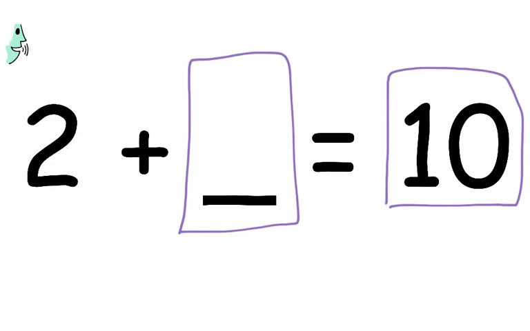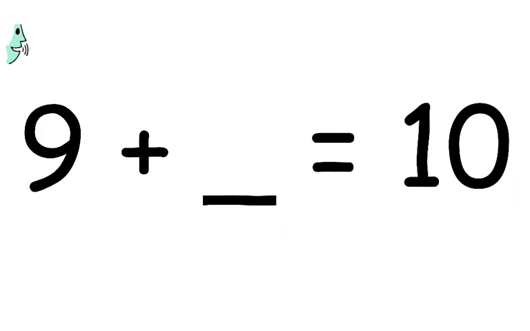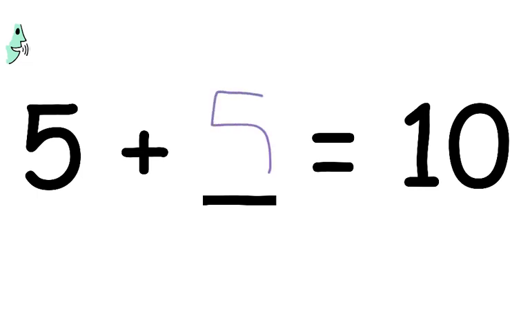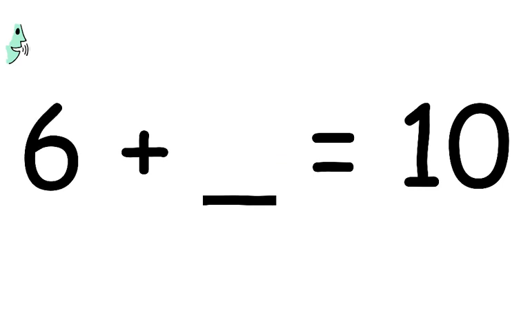Sorry, guys. 2 plus 8 equals 10. 9 plus blank equals 10. 1. 5 plus blank equals 10. 5 plus 5 equals 10. 6 plus blank equals 10. 4.